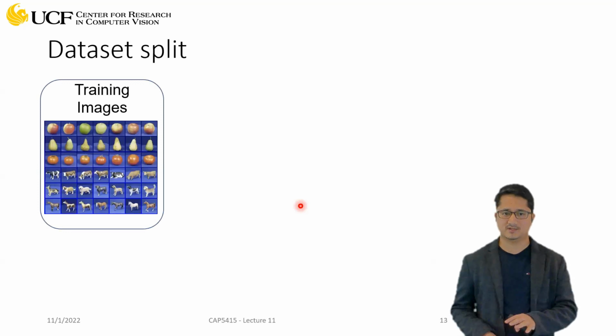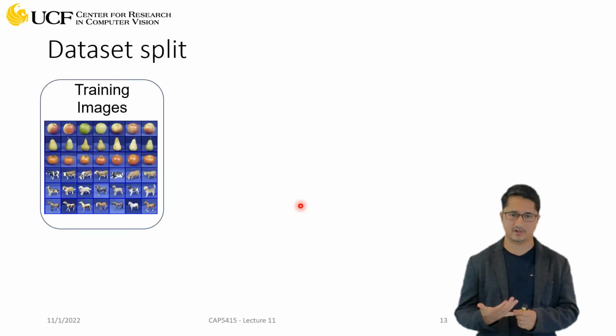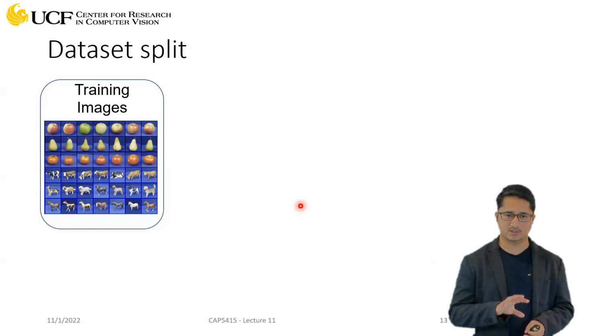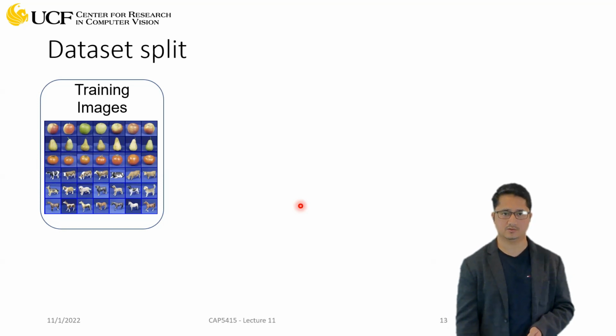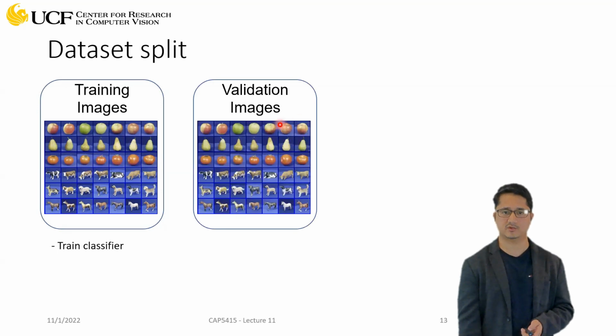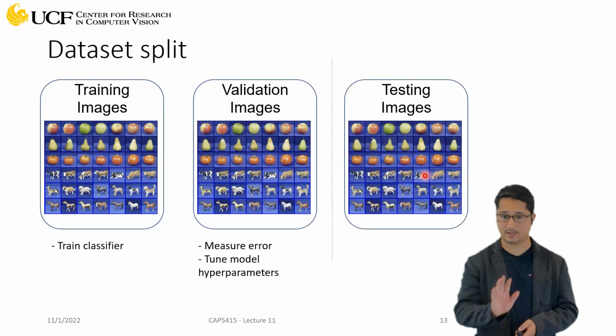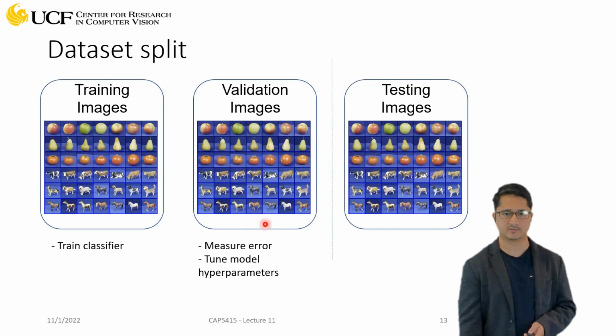Okay, so those were the datasets. Now you understand the high-level idea of classification. The overall approach you take when you solve any classification problem is, given training images, you have to separate those images into training, validation and testing. We have covered these things before as well, so I'm going to quickly go over these.